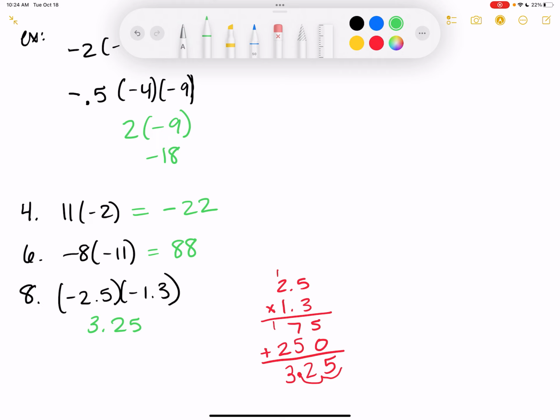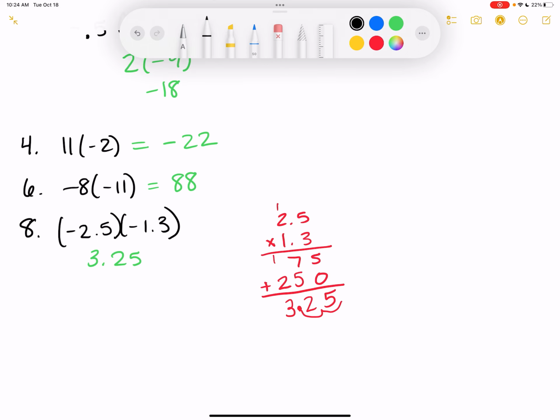Okay, let's see, 10. Negative 1/2 times negative 32. So when I'm dealing with fractions, I like to think of it more as division. So what would 32 divided by 2 be?